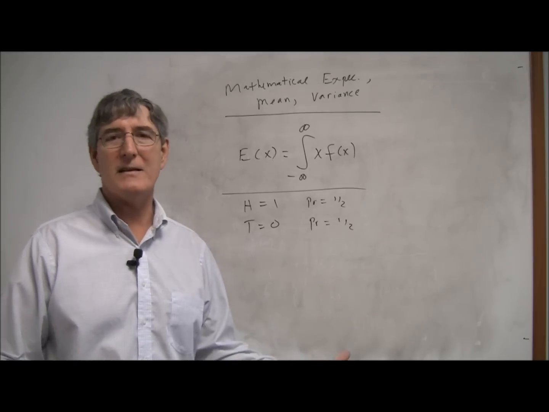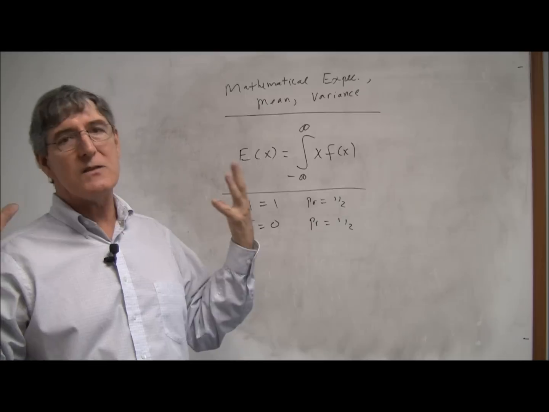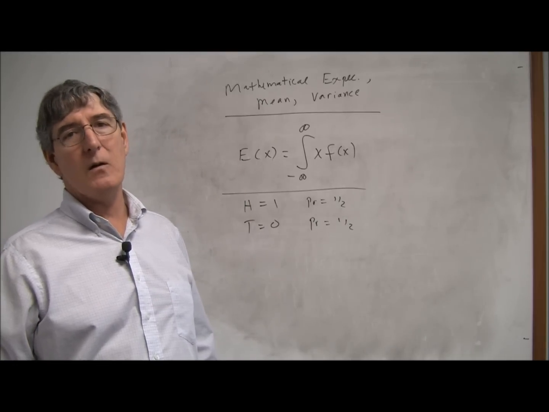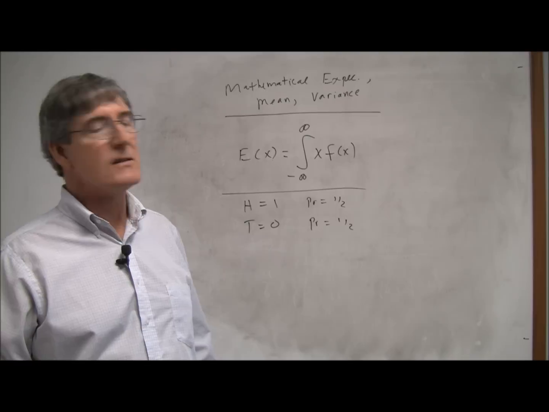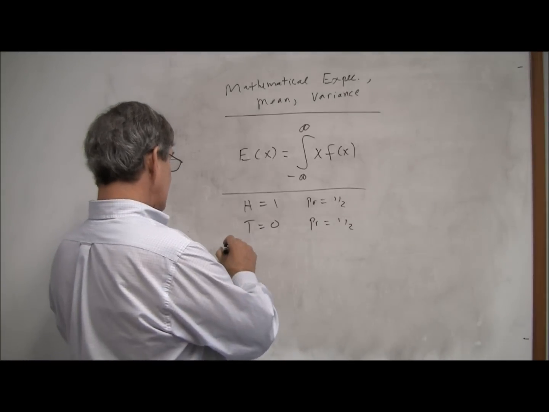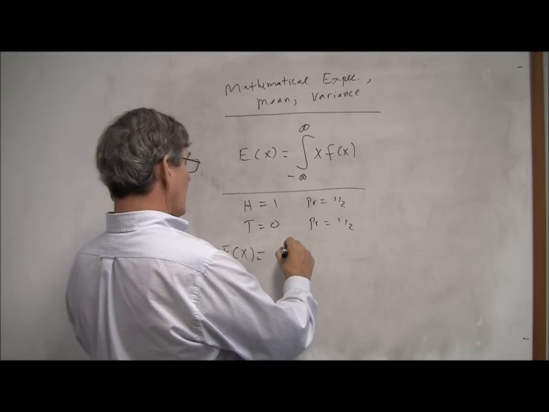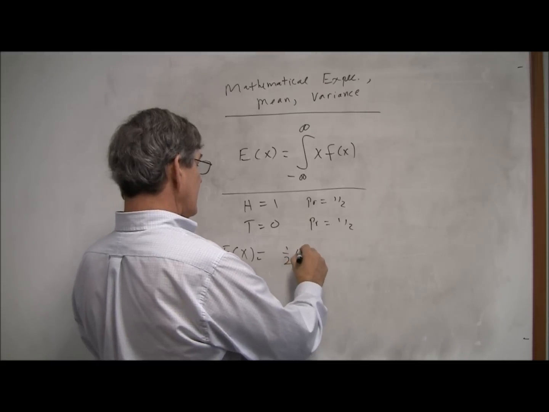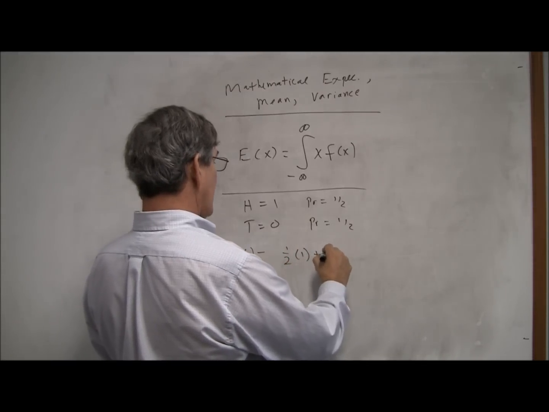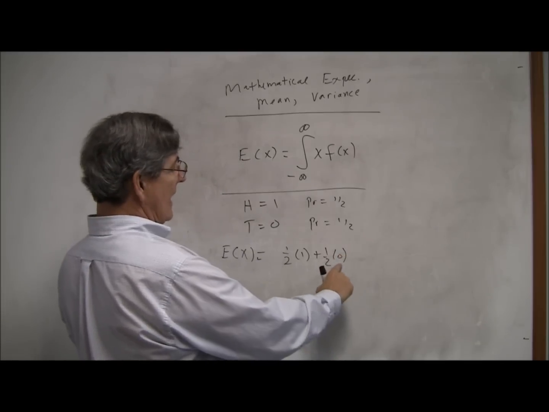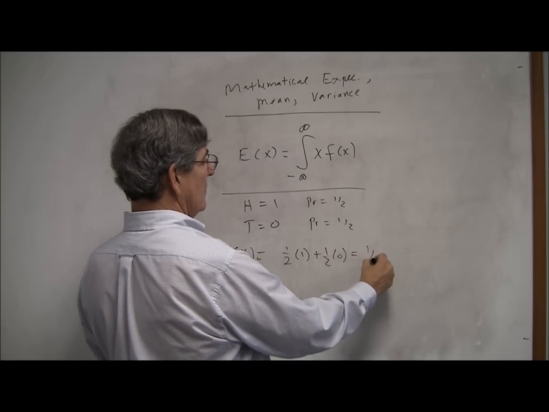You already know the answer because you know the average is 50 cents. You intuitively can see that. Why pay 75 cents for something you're only going to get 50 cents on average? But let's check that. The expected value of x would be the probability of a 1 times the outcome plus the probability of a 0 times the outcome, which is going to be 1/2.